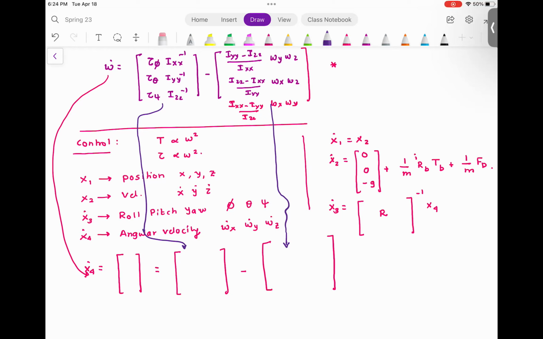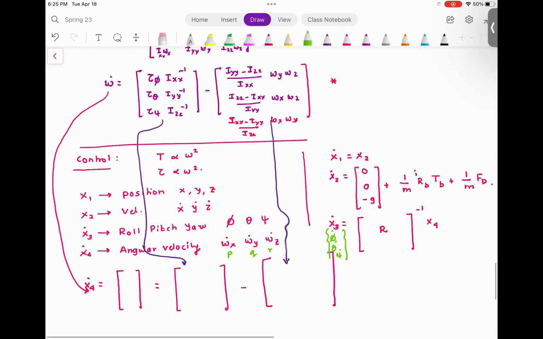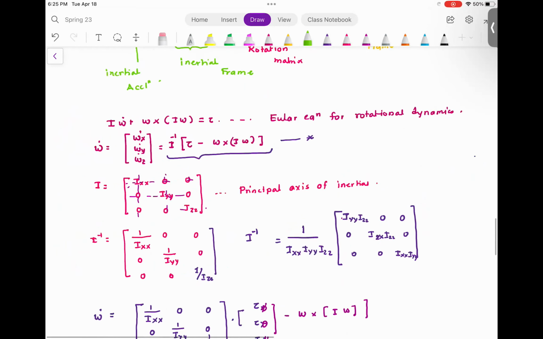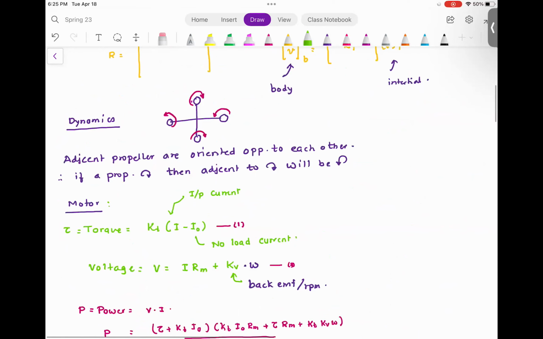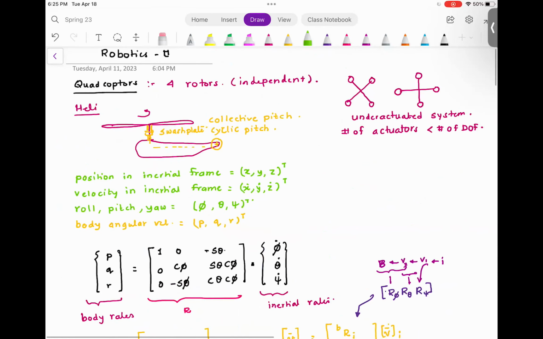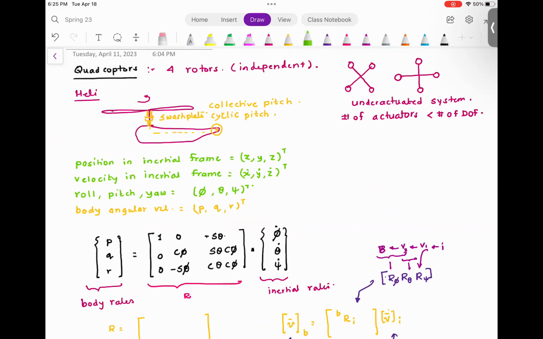And I want you to understand. So here, this equation is something like phi dot, theta dot, psi dot is equal to x4, which is P, Q, R. Omega x, omega y, omega z is P, Q, and R. So are you with me that the equation I'm showing here is my equation number 3?